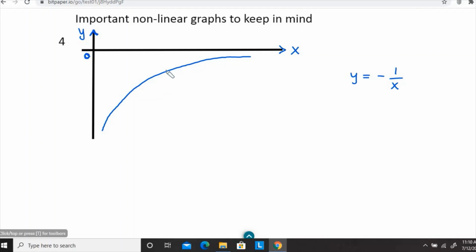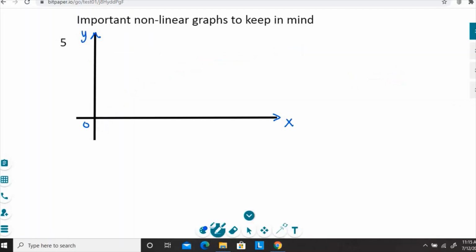You'll see that as the x value increases, it will have a horizontal asymptote, and as the y value increases in the negative direction, it will have a vertical asymptote. So this is another important nonlinear graph for our course.